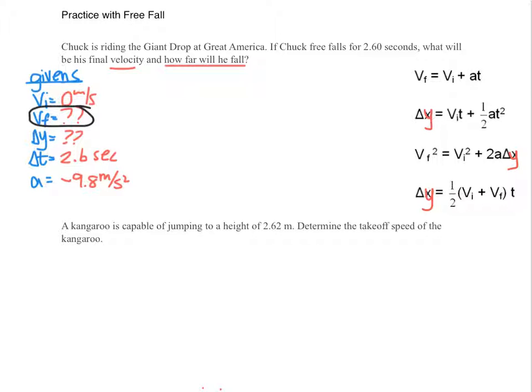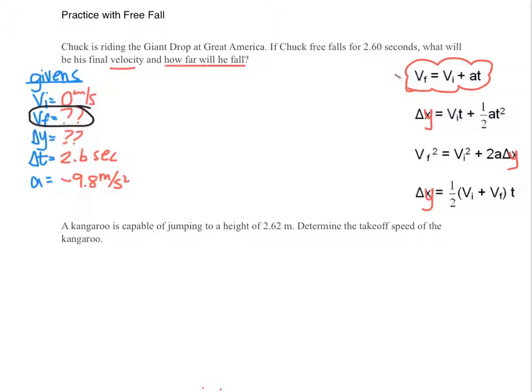All right, so which equation does not have change in y in there? Because we don't really need it right now. If you look carefully, the very first one has everything that we have and everything that we're looking for, because we're looking for final velocity.